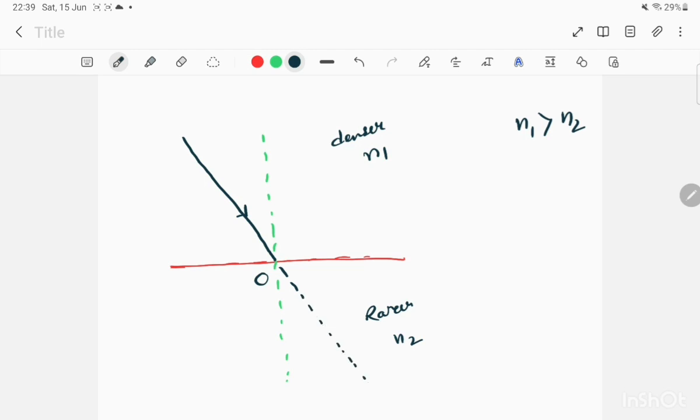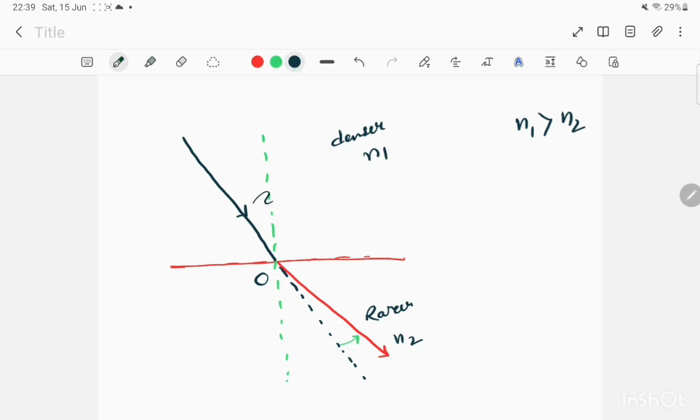But since it is moving from denser to rarer medium, what will happen? The refracted ray will shift away from the normal drawn at the point of incidence. So here you can see that it is going away.